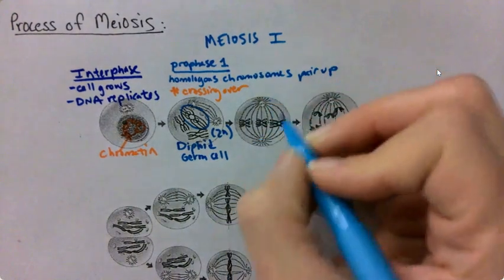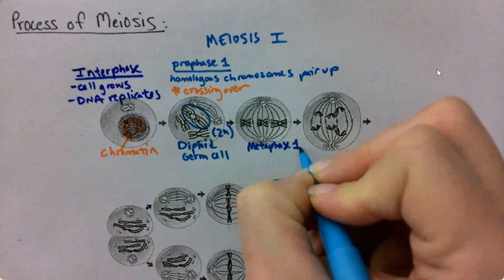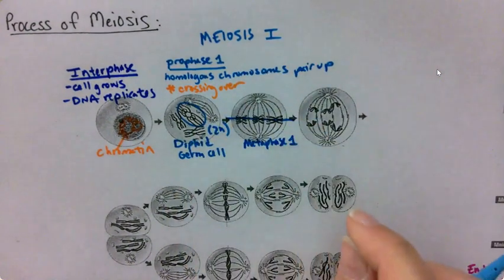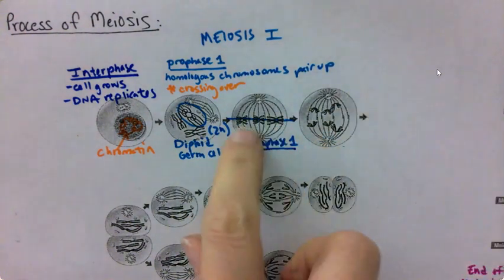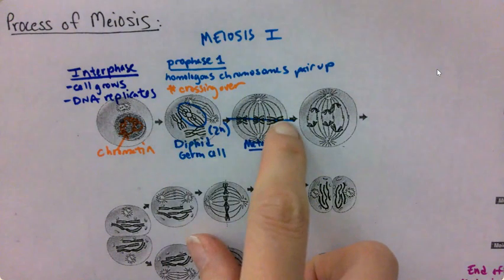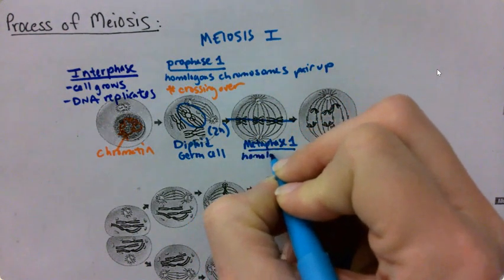Then we have metaphase 1 here. In metaphase 1, the chromosomes line up at the equatorial plate in the center of the cell. However, you'll notice the homologous chromosomes line up next to each other instead of in a straight line.